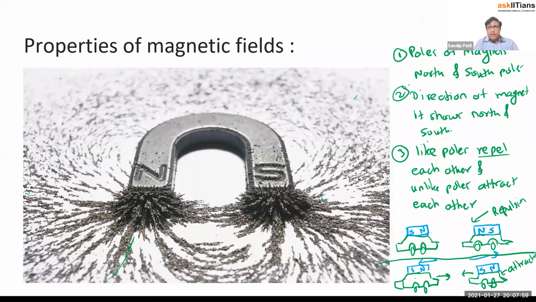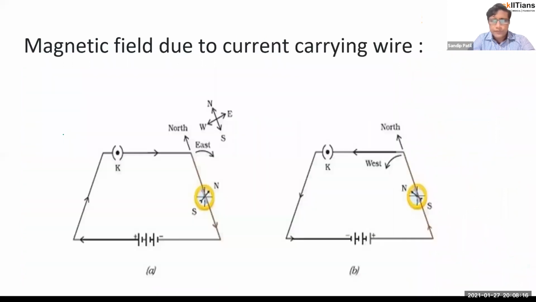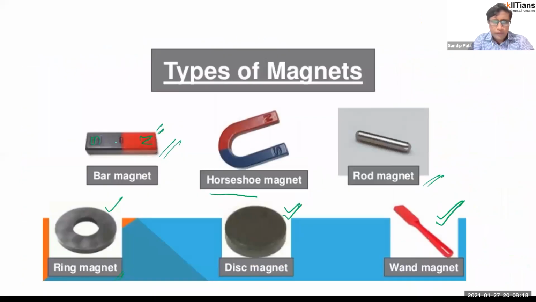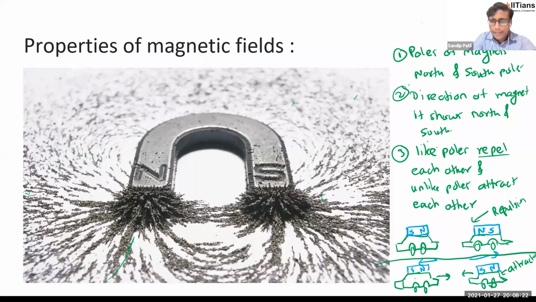Unlike poles means the north pole of one magnet and the south pole of the second magnet. You can say those are repulsion and attraction, right? Like this. So these are some properties of the magnet, we can say. Before moving forward, let me point out two more properties.